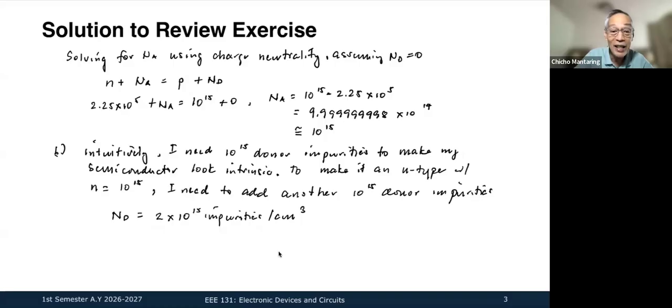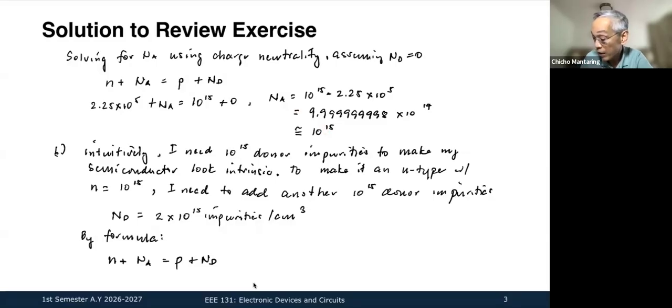Now let's say you didn't want to do it intuitively. Let's say you wanted to do it using formula. Okay, by formula, so this is intuitive. So by formula, N plus NA is equal to P plus ND. Yung NA, alam na natin yan from the previous letter. NA is equal to 10 to the 15.